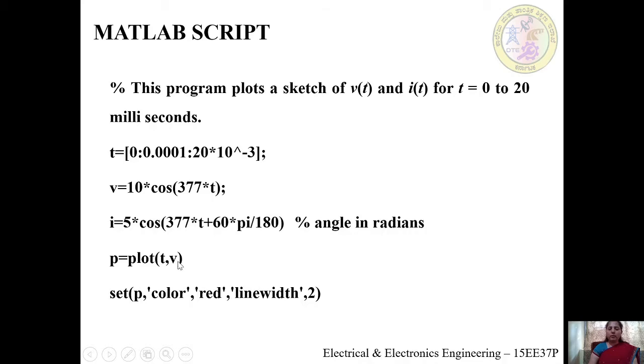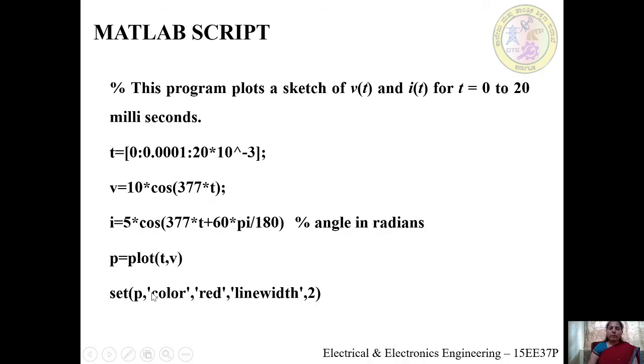So t comma v. And in the next line I am using the set command to change some of the characteristics of the plot. So here the object I am calling it as p. So I will use the same name here p, and I'm going for red color for that plot.